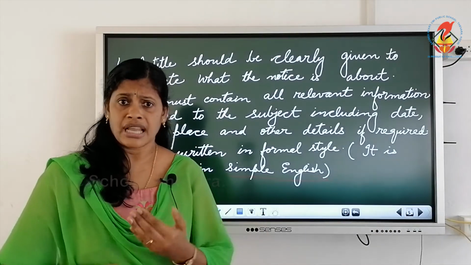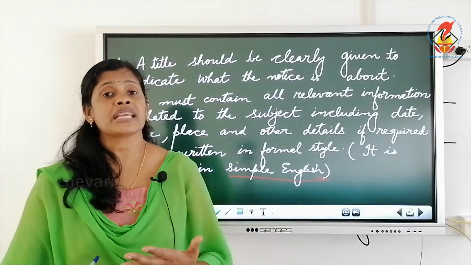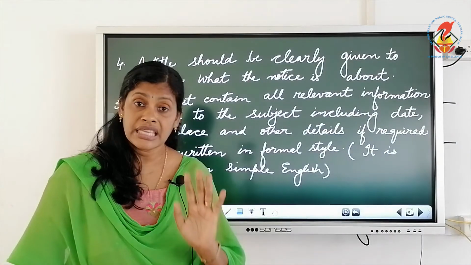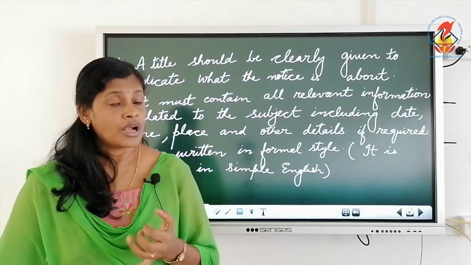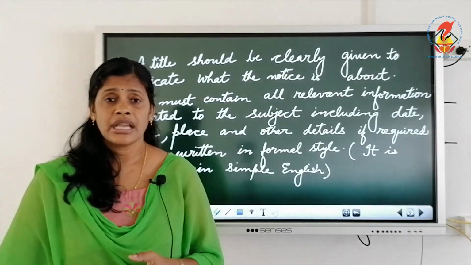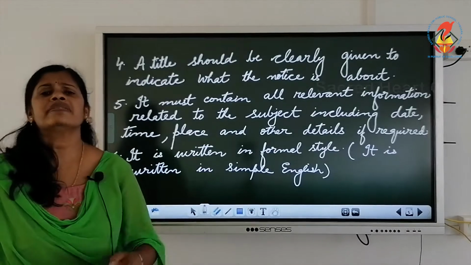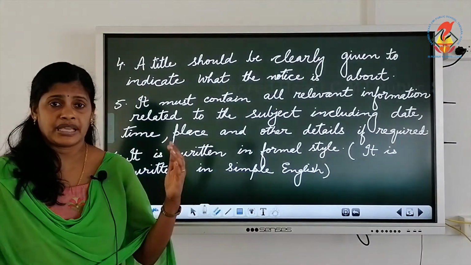People should understand what you have written, isn't it? They should be able to read the notice and understand for what you have written it. So the language should be simple, easy English. It should be brief. Points should be mentioned. Date, time, place should be mentioned. All the relevant information should be there. At the same time, it shouldn't be very big. Okay.